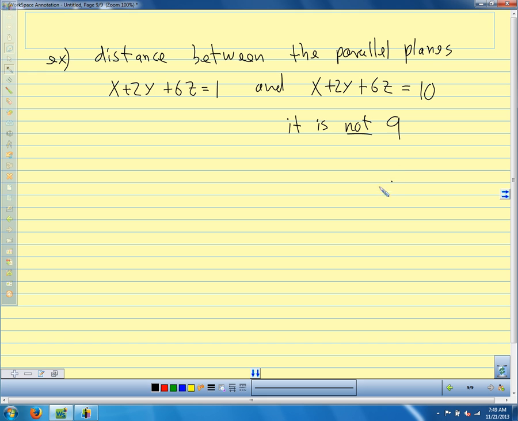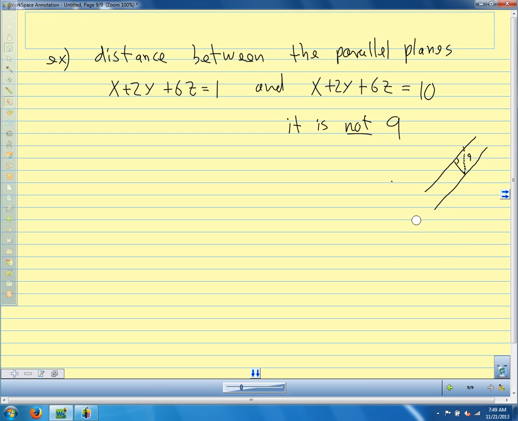It's not 9. So if I were to draw a side-on view of these 2 planes, what this is telling us is one is shifted 9 units in some particular direction from the other. So that distance will be 9. What we're looking for is that distance, which is not necessarily 9.